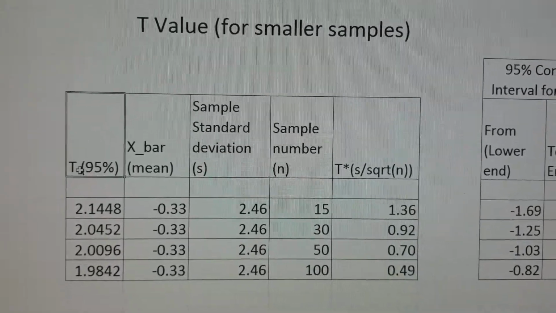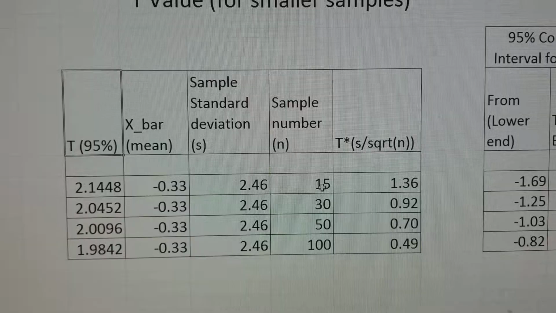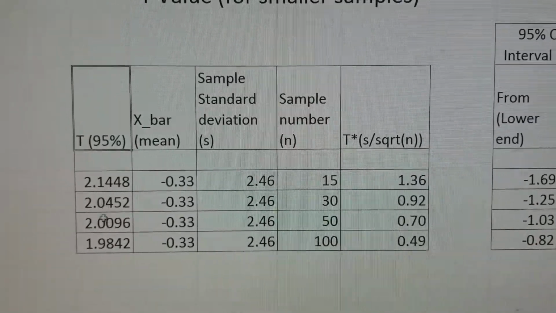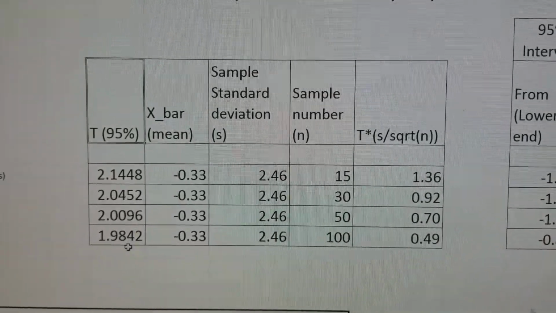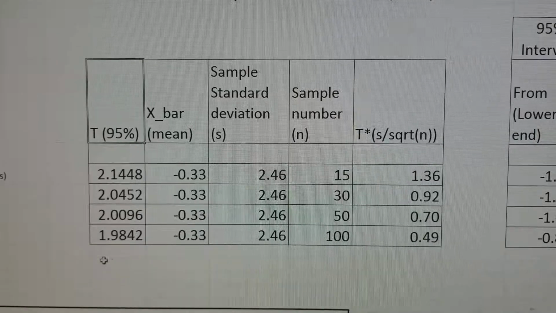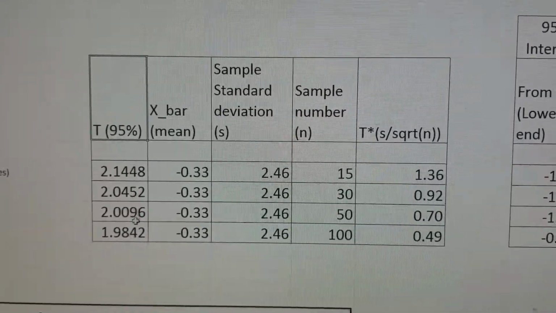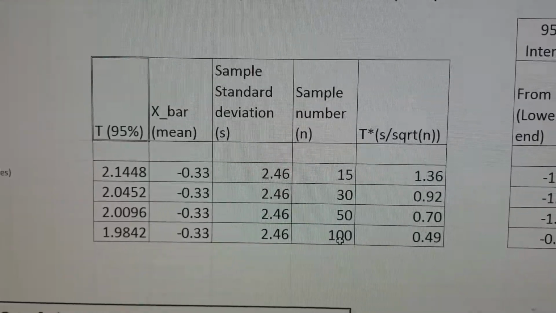But here is the difference. As my sample number increases, my t value also decreases. And if you remember, the z value for 95% was 1.96. So we're going to get closer and closer to 1.96 as my sample number increases.